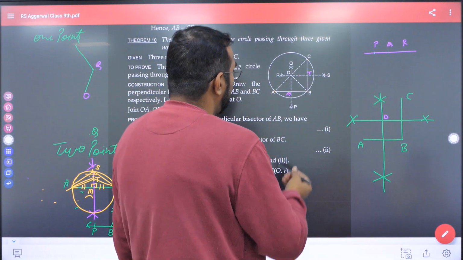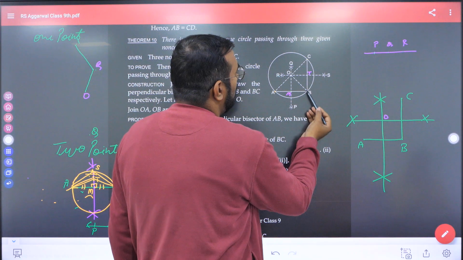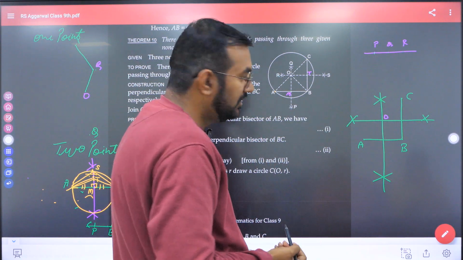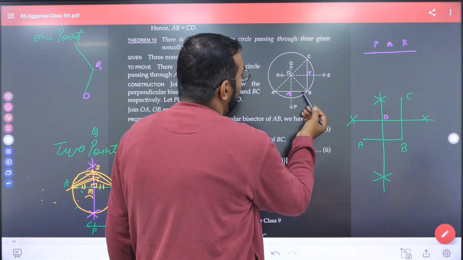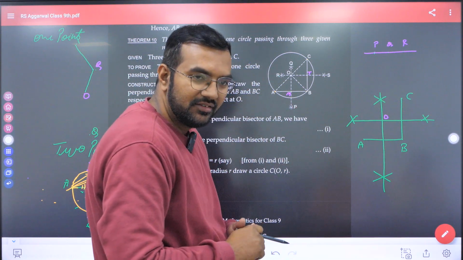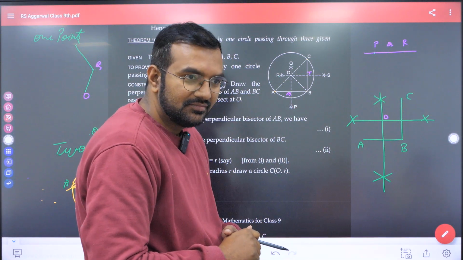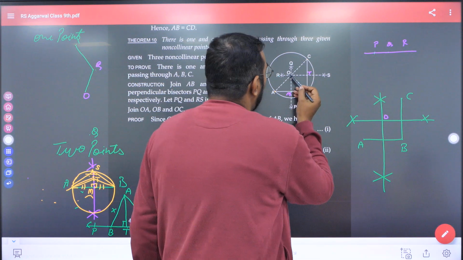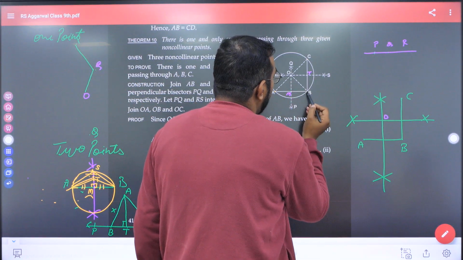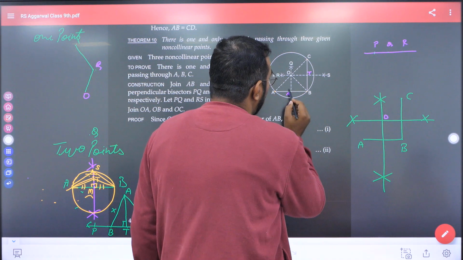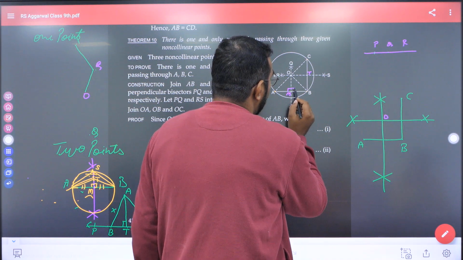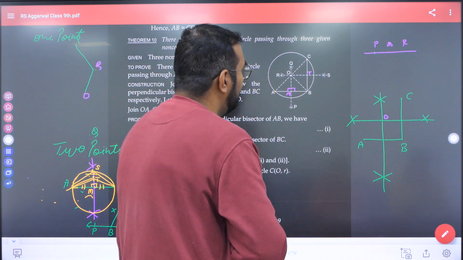Now you can see that OA is equal to OB. How? Because triangles OAM and OBM are congruent. This one is the perpendicular bisector, that means here is 90 and here is also 90.